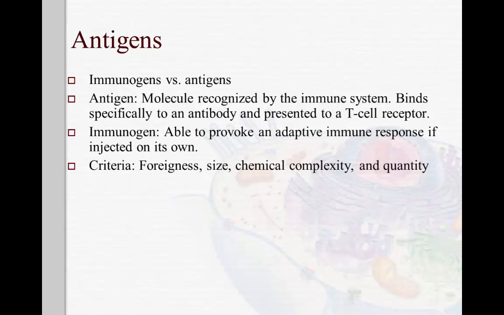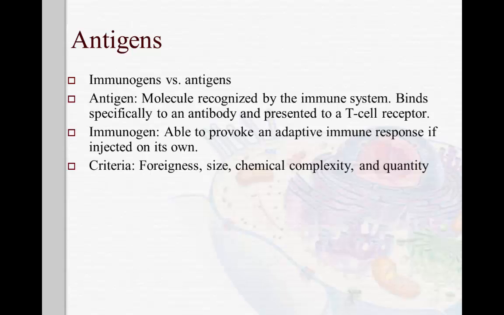Now, when the body does not recognize the antigen as self, it is a non-self, and therefore has the criteria of foreignness. And every antigen that is foreign will be an immunogen because it will create an immune response. Size: the larger the molecule, the larger the antigen, the more immunogenic.